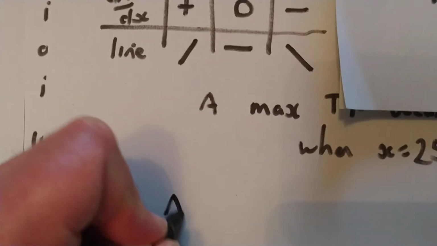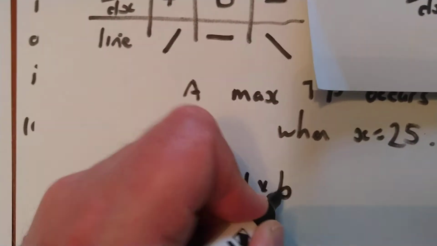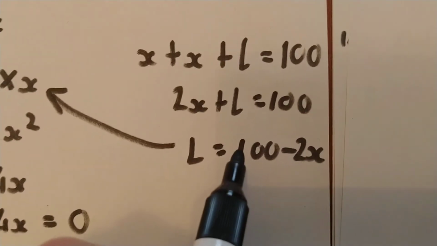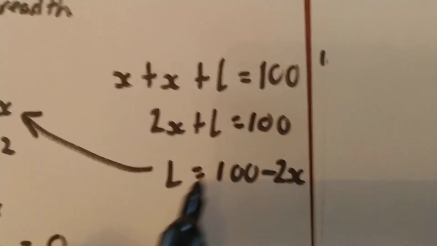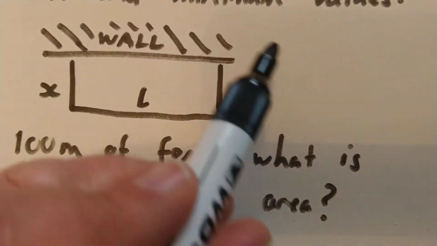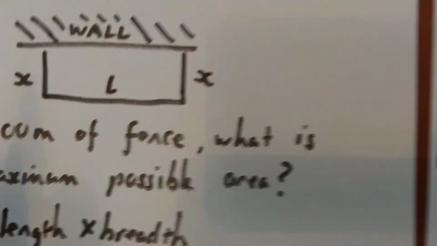So I'm going to say area is length times breadth. The length, well, I know how to get the length. The length is 100 take away 2x. So that's 100 take away 2 25s. The length up here, 100 take off the 2x's, take off the 2 25s. This must be 50.